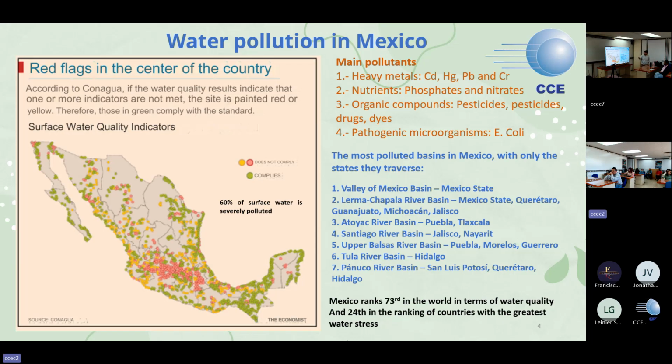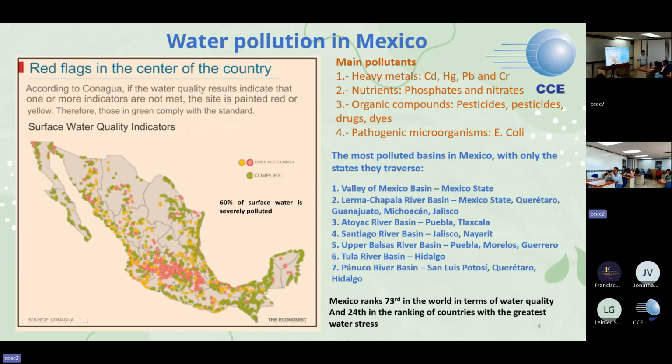If you see it, they are located where the industrial regions are located, so it is a coincidence. They have this kind of pollutants: heavy metals, pathogens, a lot of recalcitrant organic compounds. So we have something to do related to this.